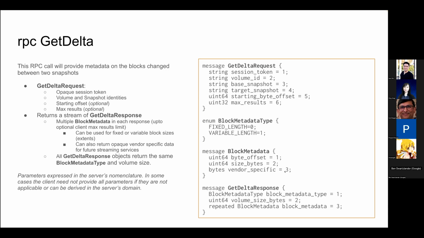Okay, so I'll remove this vendor-specific field from the proposal, right? Just to note that, all the parameters here are going to be expressed from the client makes a call to a server. The client has to provide all the parameters in the nomenclature of the server.